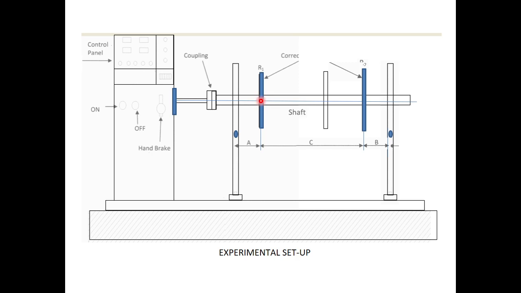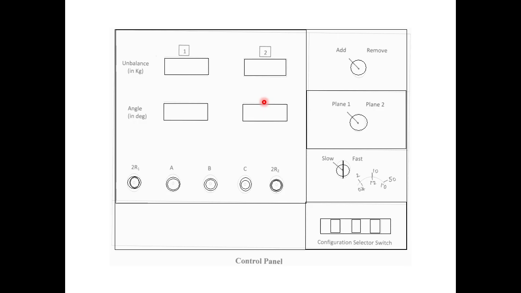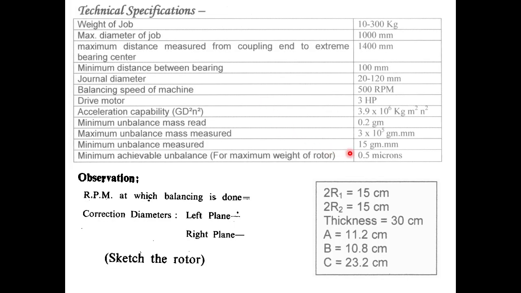Then your 15 is 200 into some unknown, say x gram. So it is 15 by 200, 0.075. That much is there.